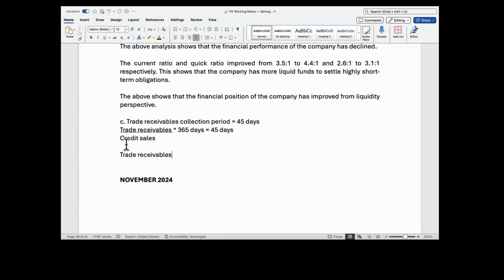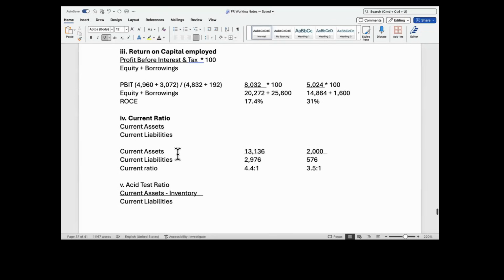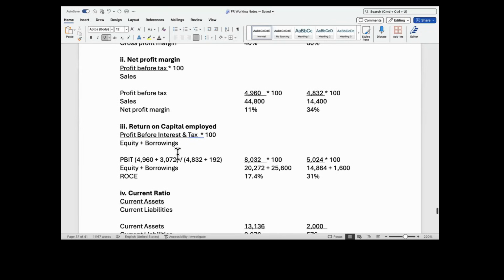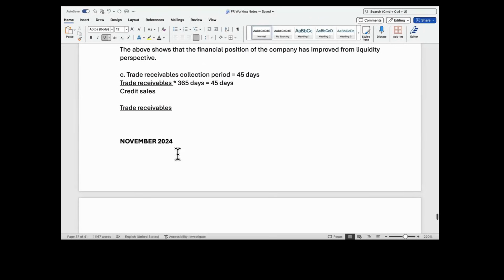What we are looking for should now be the trade receivables. The credit sales remains the same, which is 44,800. So trade receivables over 44,800 multiplied by 365 days equals 45 days.